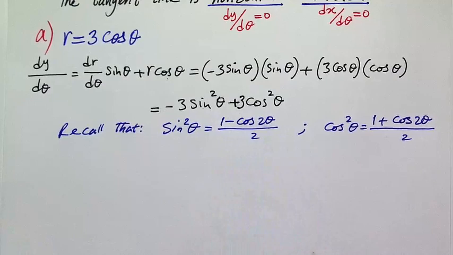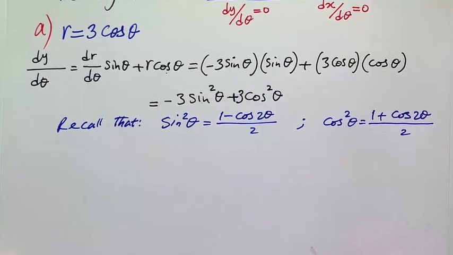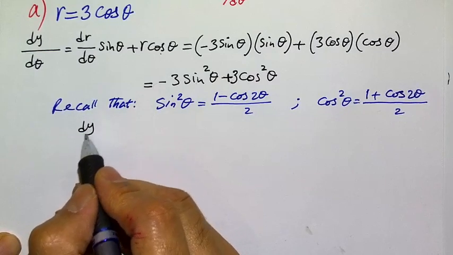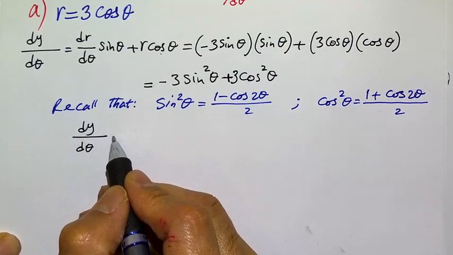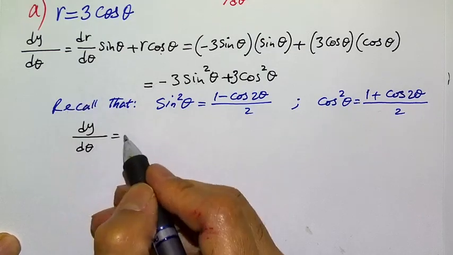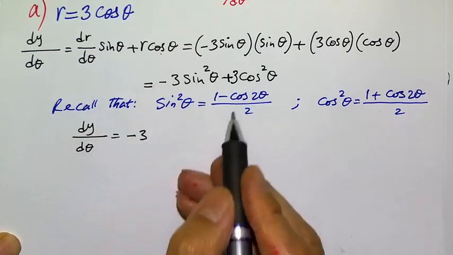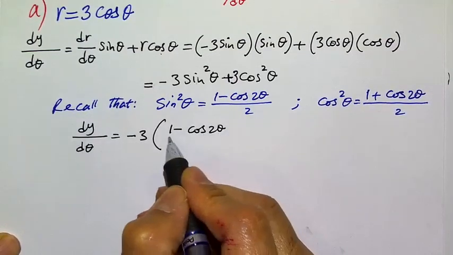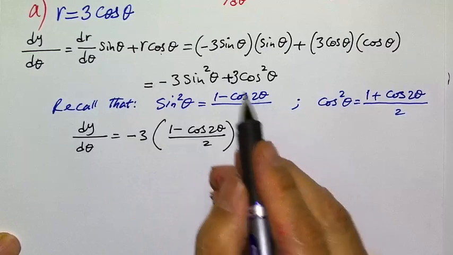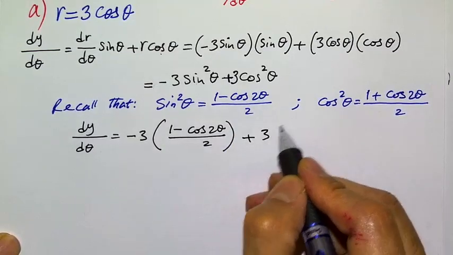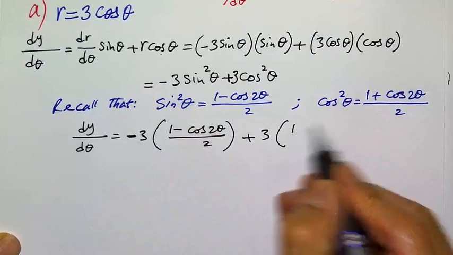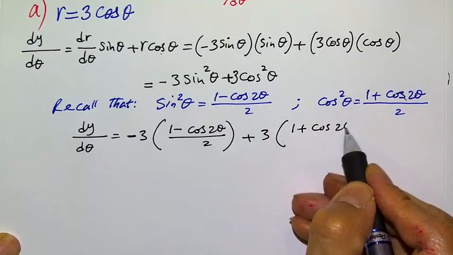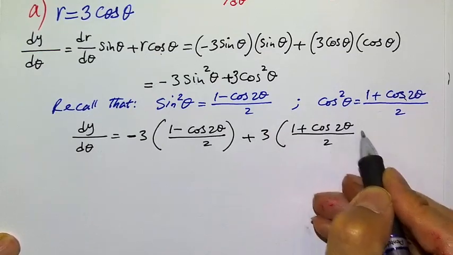Okay, so replacing with these two, we have dy/d theta is equal to minus 3 times 1 minus cosine 2 theta divided by 2, plus 3 times 1 plus cosine 2 theta divided by 2.